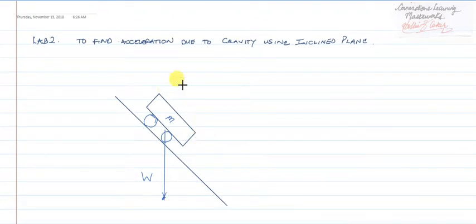We have two components, one like this, parallel to the plane, and one like this.